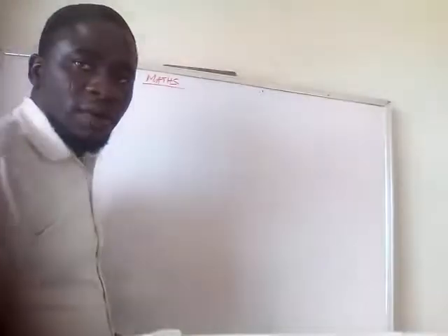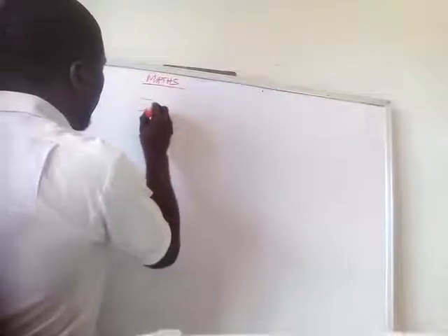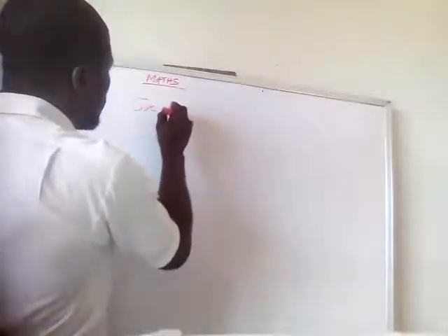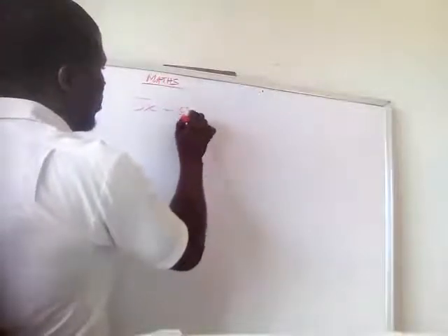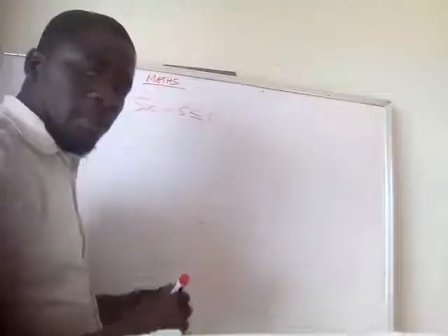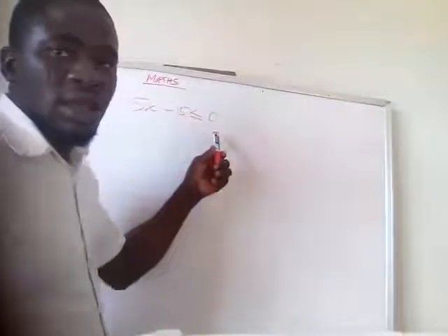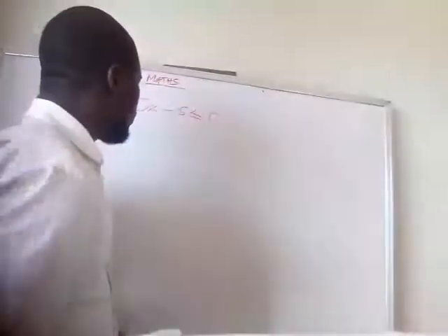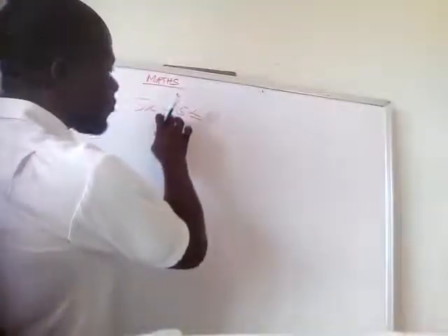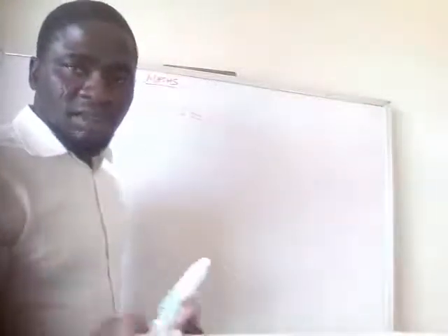If you are given 5x minus 15 is less than or equal to 0, the first thing you will do is to move this now using the inequalities balancing method.